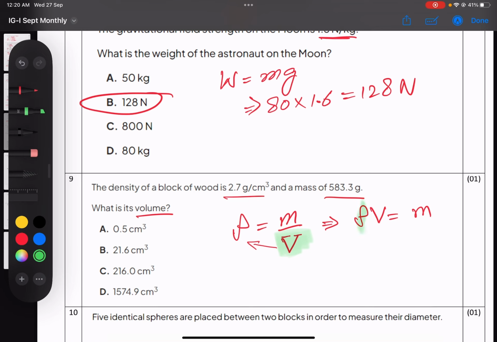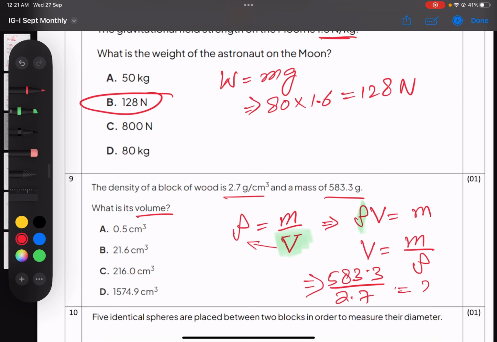It is multiplying on the left side, so when it goes to the right side, it will be divided. So volume is mass divided by density. Mass is 583.3 and density is 2.7. So 583.3 divided by 2.7 gives you 216.03. So it's option C.